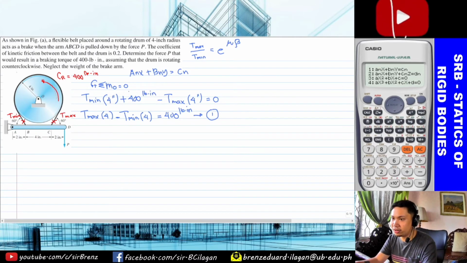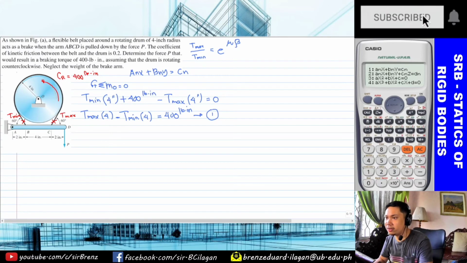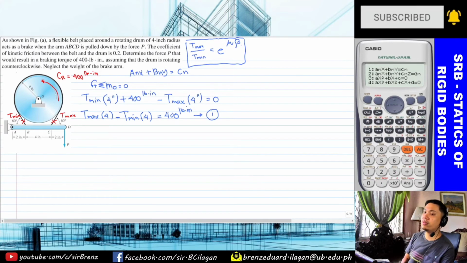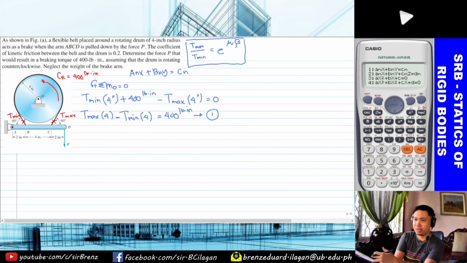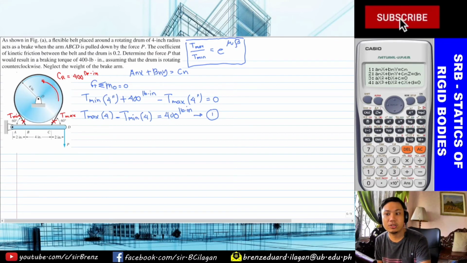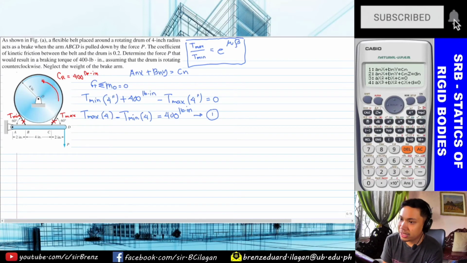The c is our constant. So, where will the other equation come from? Using the equation we discussed earlier, we can relate the two to get T max and T min. And once we solve for T max and T min, then we can solve for the value of P. Before that, we need to analyze first what the value of the contact angle beta is.